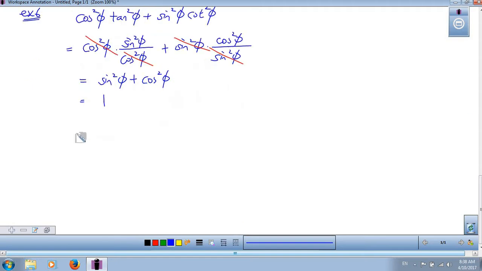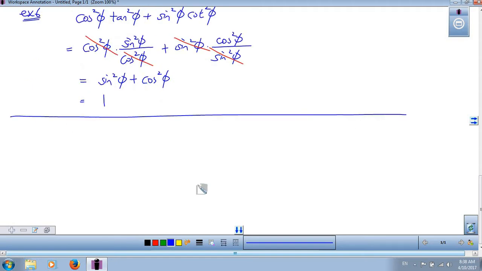Alright, so now we're ready to look at another set of simplifications. Let's look at this. Cosine x plus sine x times tangent x. Let's see what we can do with this expression.